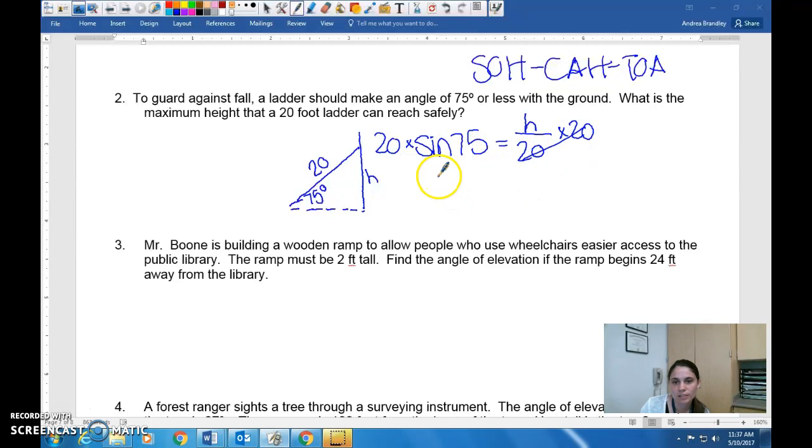Then these 20s cancel, and my height is equal to 20 times the sine of 75. If I enter that in my calculator, 20 times the sine of 75 is about 19.3. So this can reach about 19.3 feet safely, not any higher.